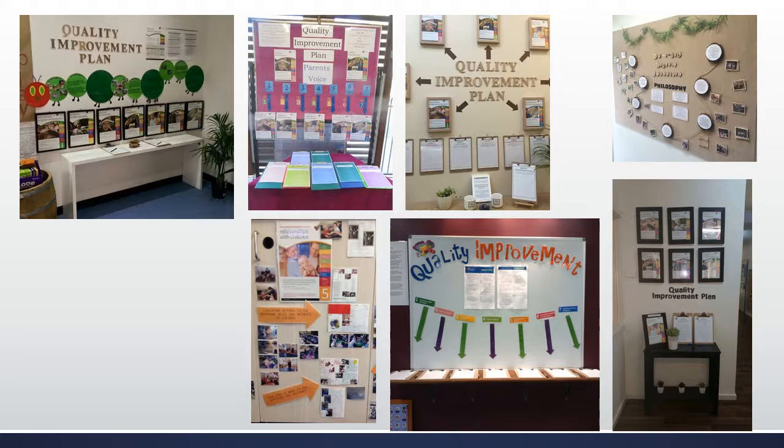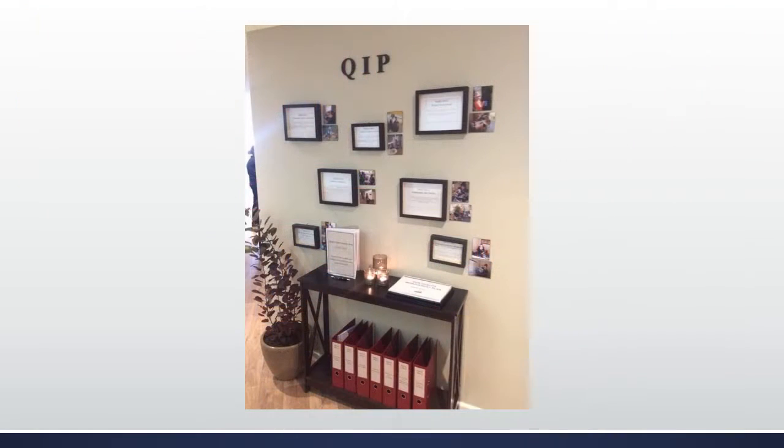And I guess the idea behind the frames was to draw more attention to the quality areas. This one here is probably my favourite. It lists each of the quality areas, so there's 1, 2, 3, 4, 5, 6, 7 quality areas. Each quality area is divided into a team. They've got photos of what they're currently doing.